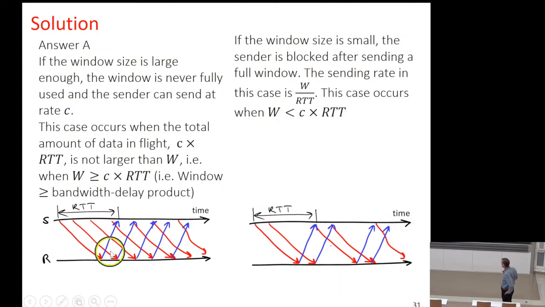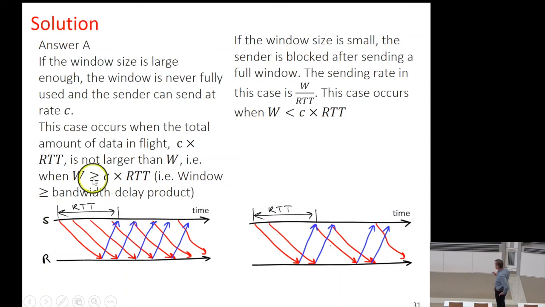When the acknowledgement of the first packet comes, I'm able to send the second, and I can send at a rate where I'm never waiting. I'm never waiting for an acknowledgement like I'm doing in the stop-and-go protocol. So in that case, if the window is larger than the bandwidth delay product, the rate at which we send is the rate of the line, the rate C. If the window is smaller, this is what happens.